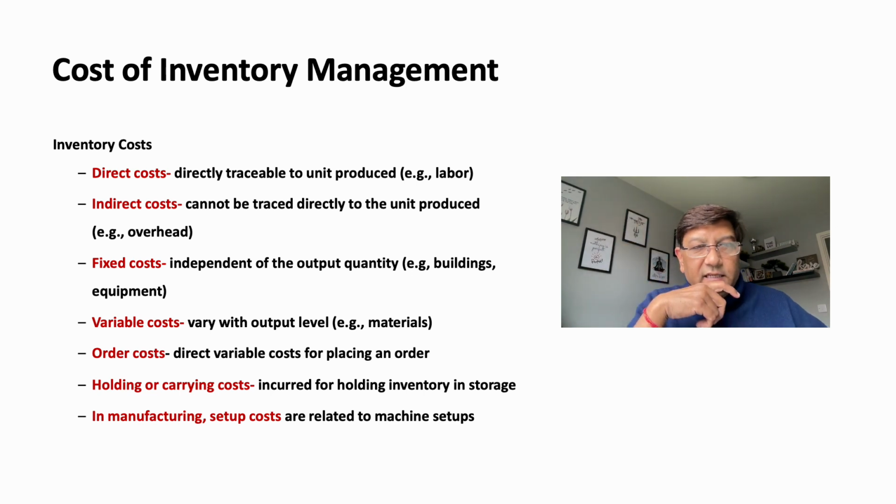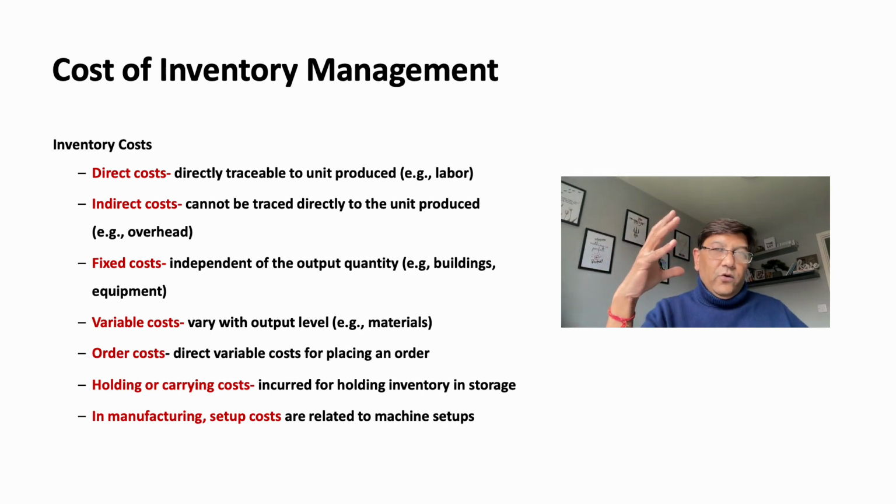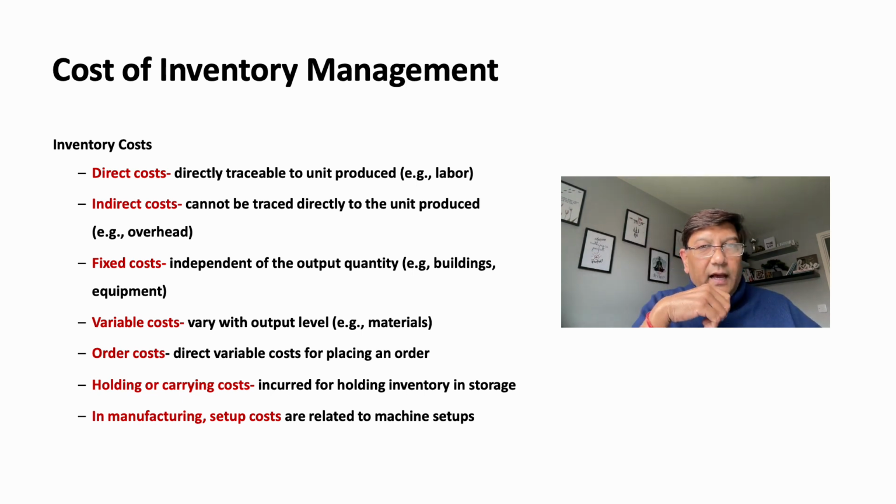Those are some of the variables when we are ordering inventory. Another type of cost is the manufacturing or setup cost. That cost could be when you are manufacturing one type of bicycle, let's say 10 bicycles of one type, and then you get an order for another 10 bicycles of a different type, and then another order for a different type of bicycle.